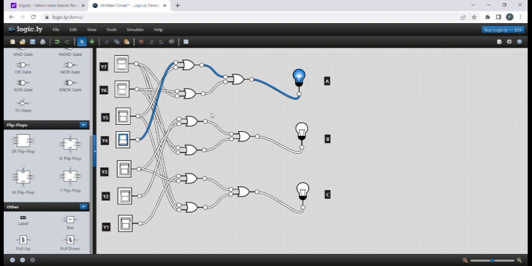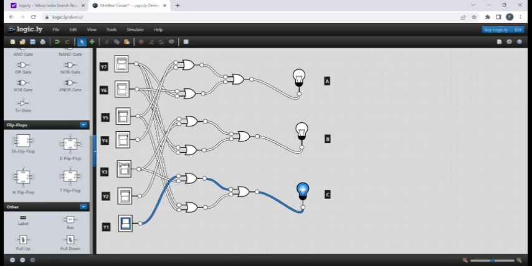Now let us see the simulation for encoder. Let us check whether our simulation is working properly or not. Let y1 be 1 and others be 0.